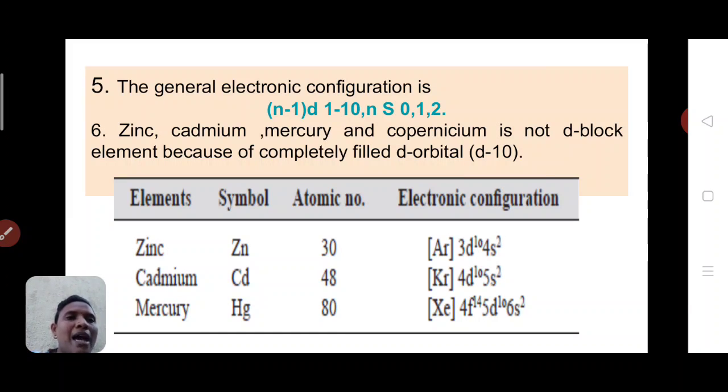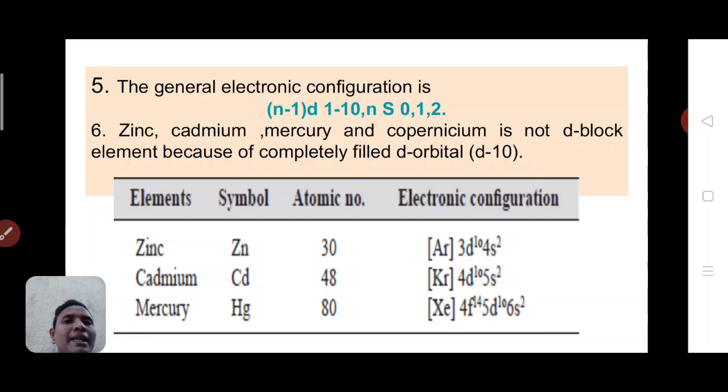The s shell may have 0 electrons, or 1, or 2. So this is the general electronic configuration of d block elements. It can represent all the elements of all the series of d block elements.